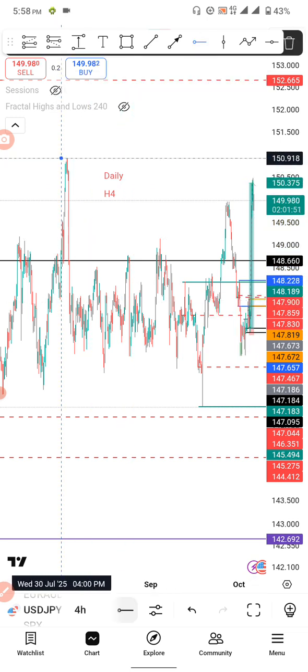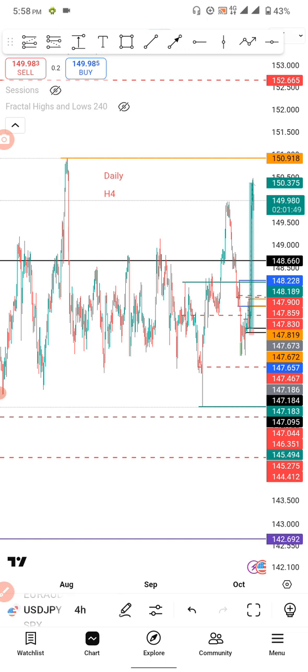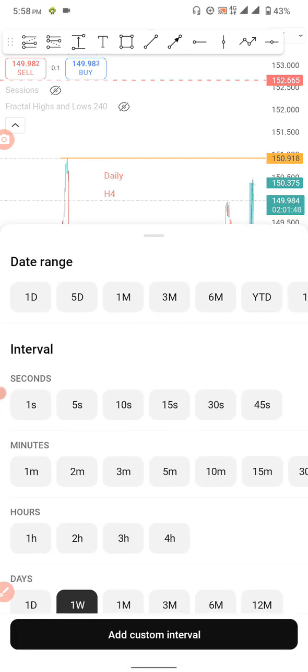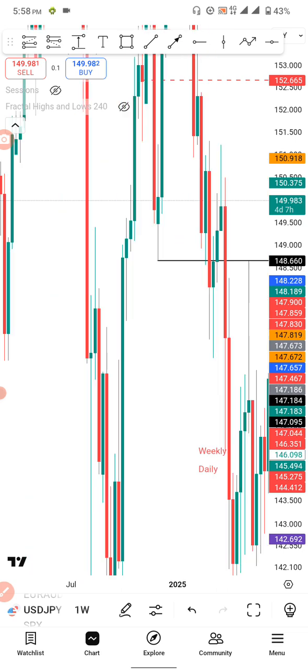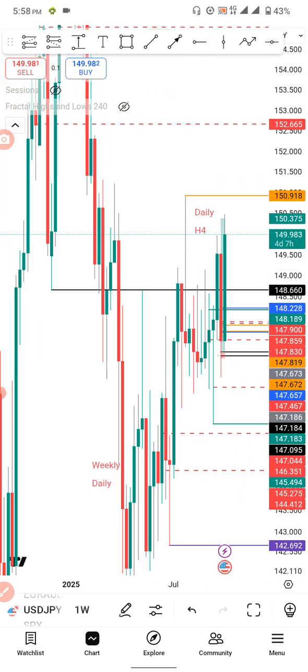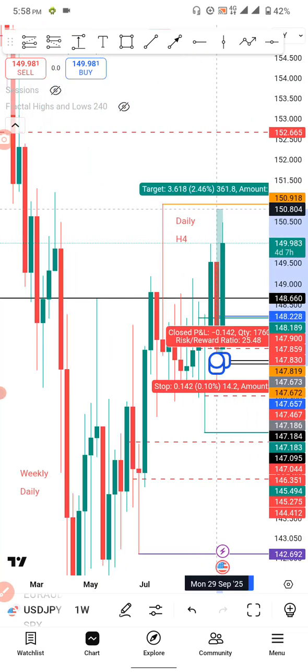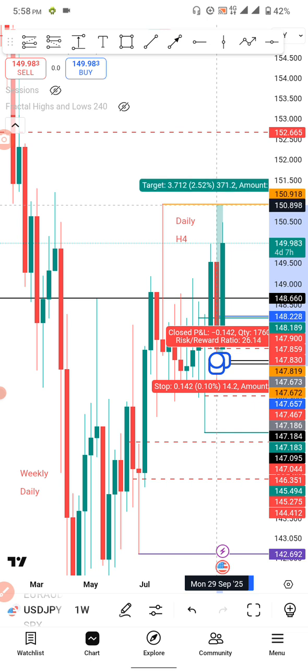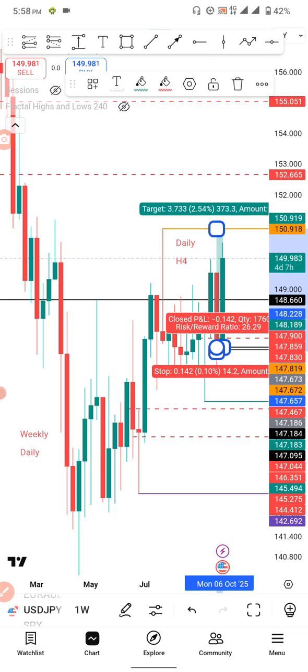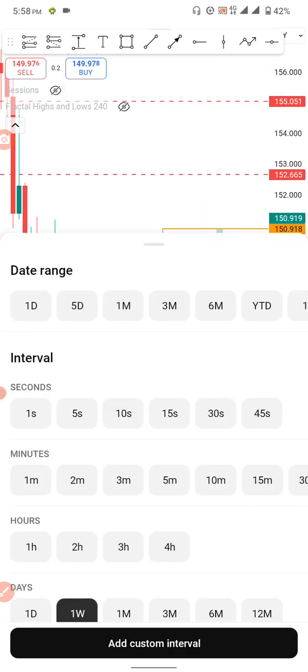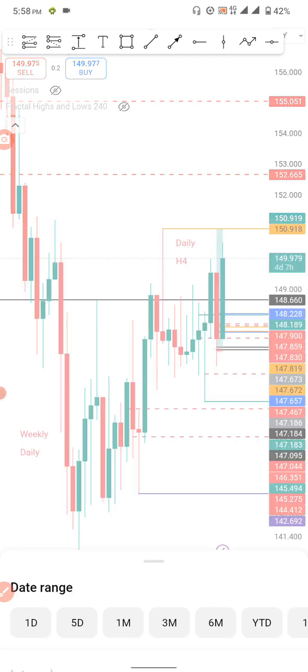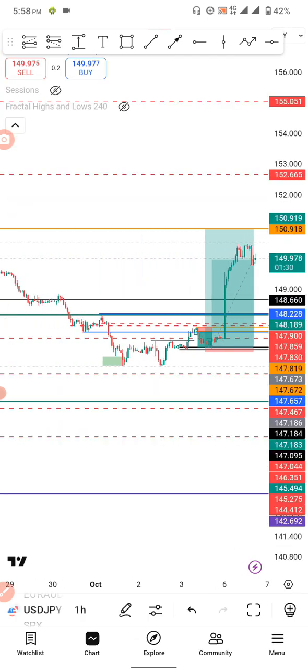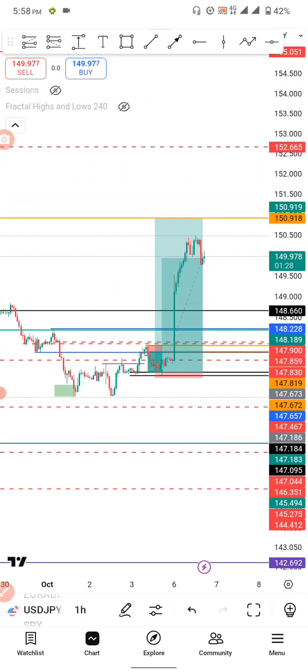This is the weekly high. This is the high I'm expecting that structure to head to.